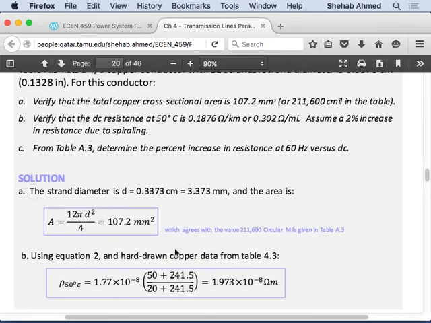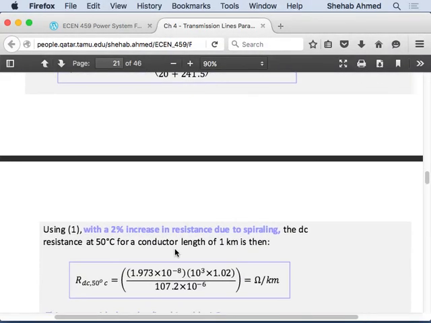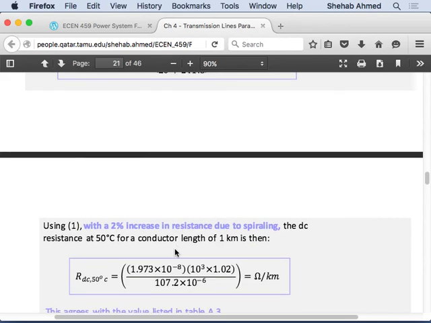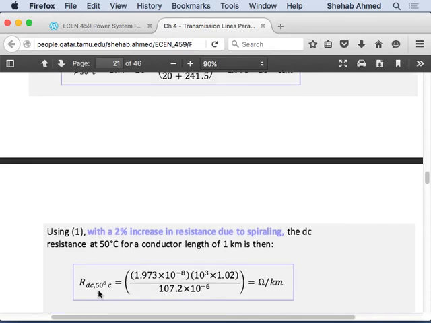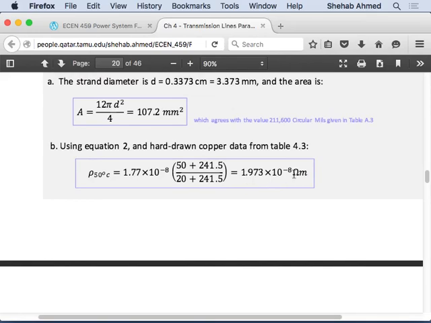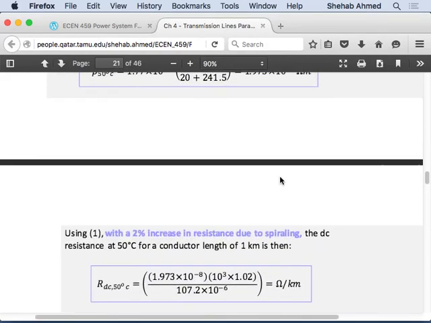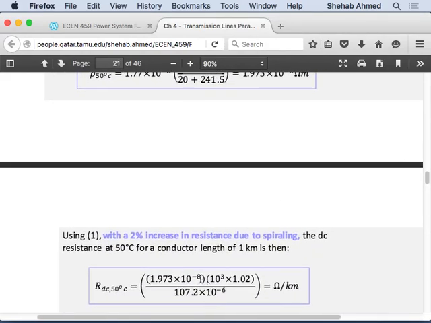So now they want to calculate the resistance, and they considered a 2% increase due to spiraling, right? So how do you calculate resistance? It's rho L over A. Which rho? It's this new rho that you calculated at 50 degrees Celsius. L is the length of the line, so it's 1 kilometer.